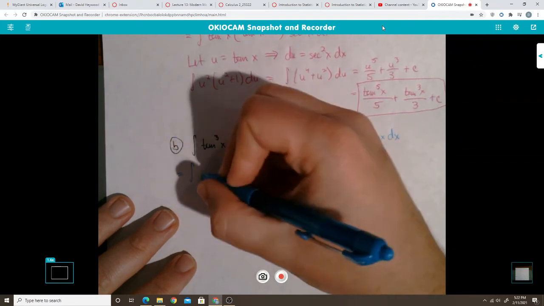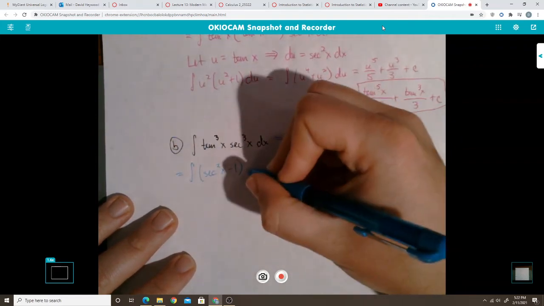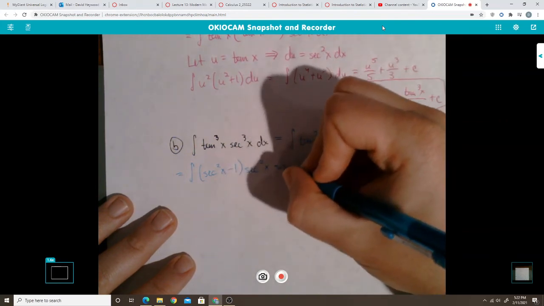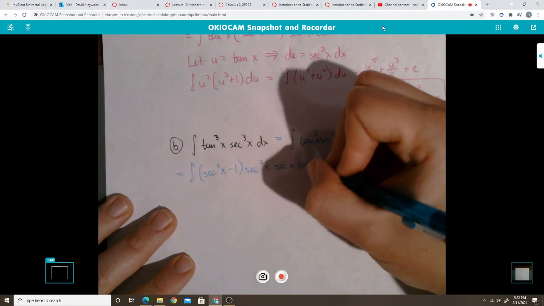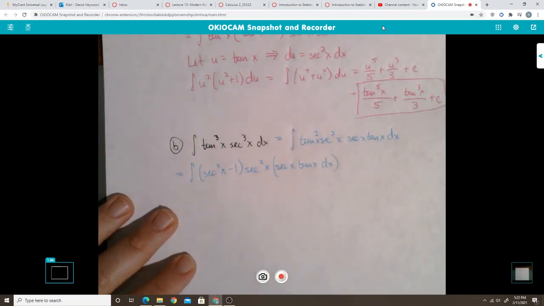So this is going to be secant squared x minus 1 times secant squared x times secant x tangent x dx, right? That thing's going to be our du, right?